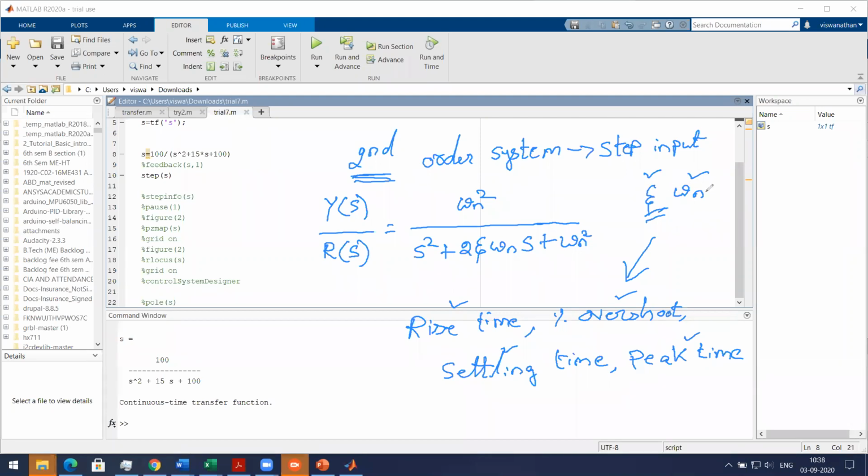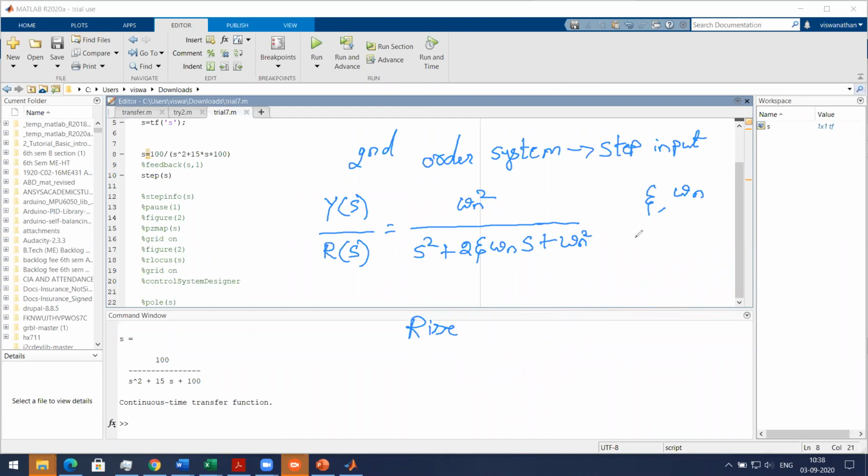Let's see how these are dependent on them. Rise time, there are certain formulas for this. I'll just give the formulas, I'm not doing the derivation right now.